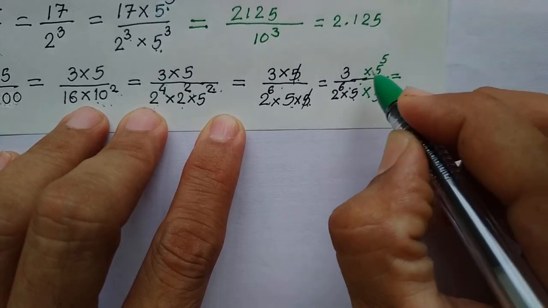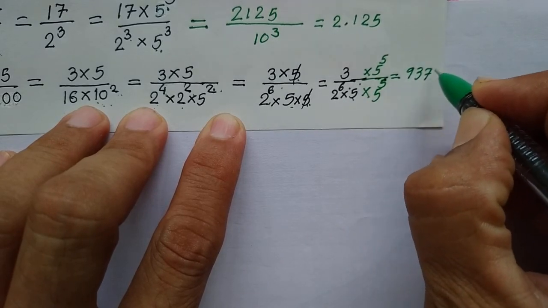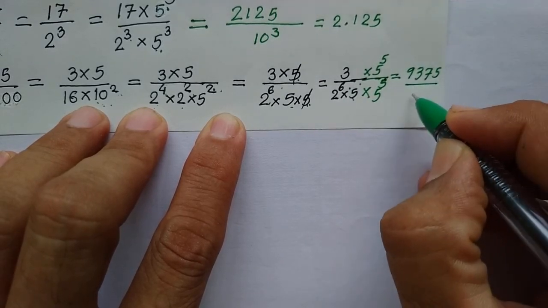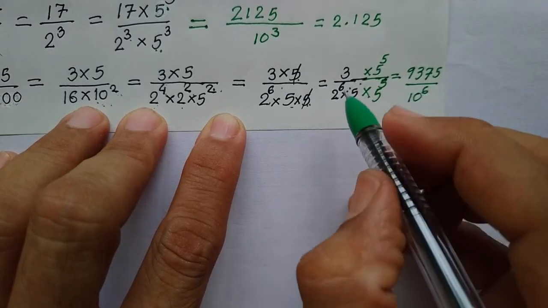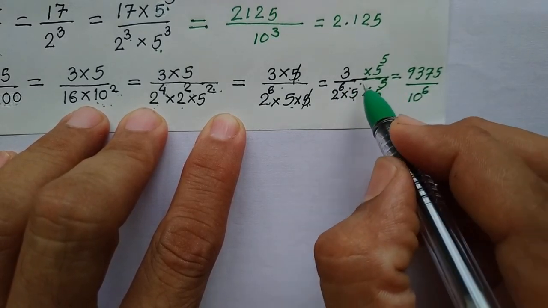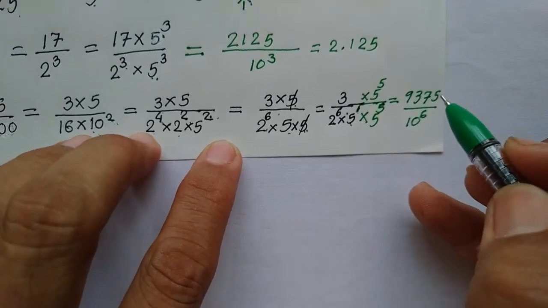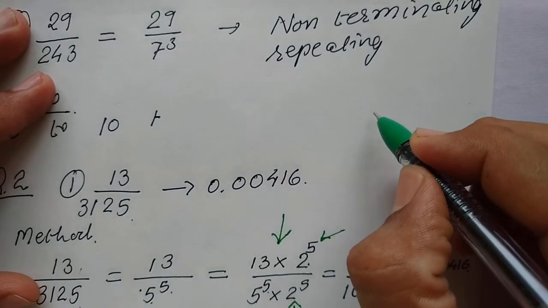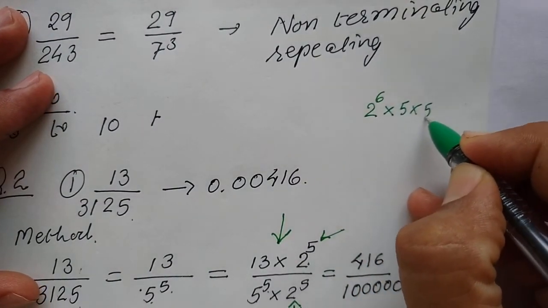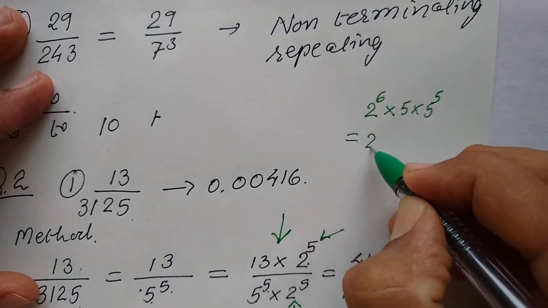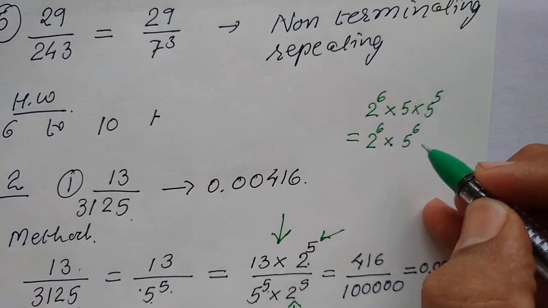Now children, this multiplication will give you 9375, and the denominator you will get 10 raised to 6. 2 raised to 6, 5 raised to 5, this 5 raised to 5, and total 10. Here you see, here I am showing this 2 raised to 6 into 5 into 5 raised to 5. 2 raised to 6 into 5 raised to 6.